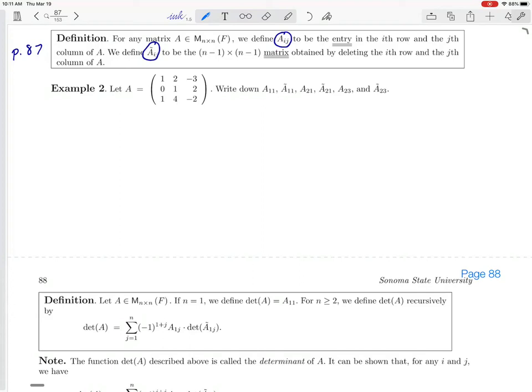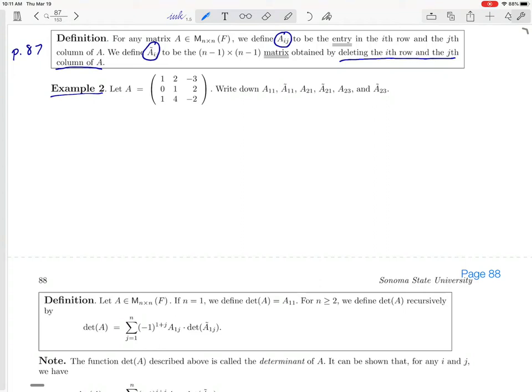That actually represents a matrix that's smaller than the one that we started with, and in particular, it's the matrix that we get by deleting the ith row and the jth column of A. Kind of a strange definition to make, but it's going to turn out to be a key in calculating determinants of larger matrices. All right, so just to get comfortable with this notation, let's look at example 2 here together.